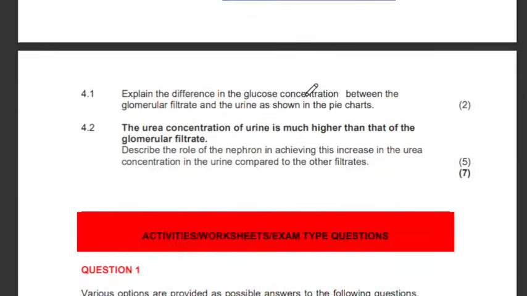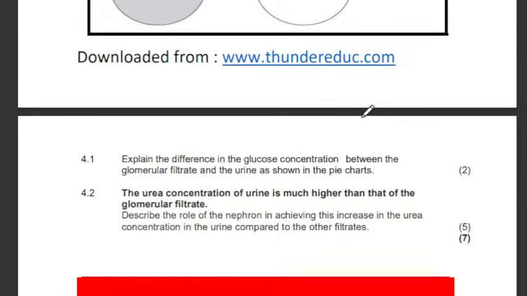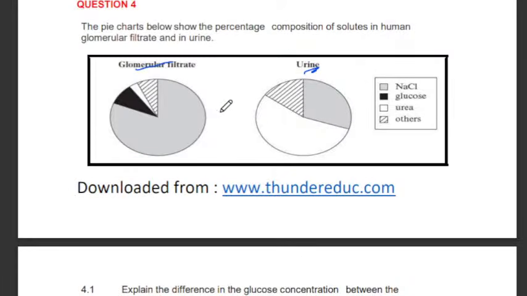Explain the difference in the glucose concentration between the glomerular filtrate and the urine. If you look at it, where is glucose? It is the dark one. In the glomerular filtrate, we have a percentage which is there, while in the urine it is not there. What causes this? It is because glucose is highly important.